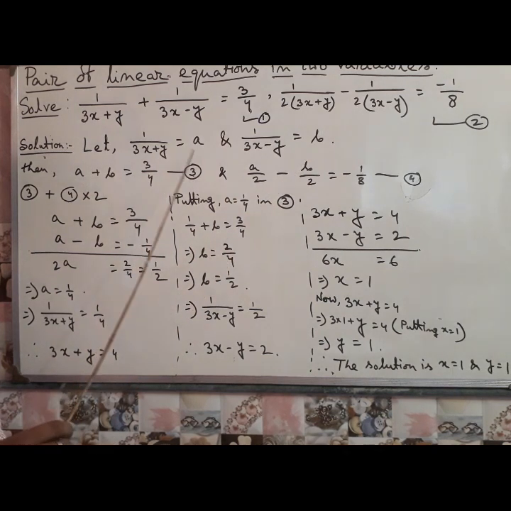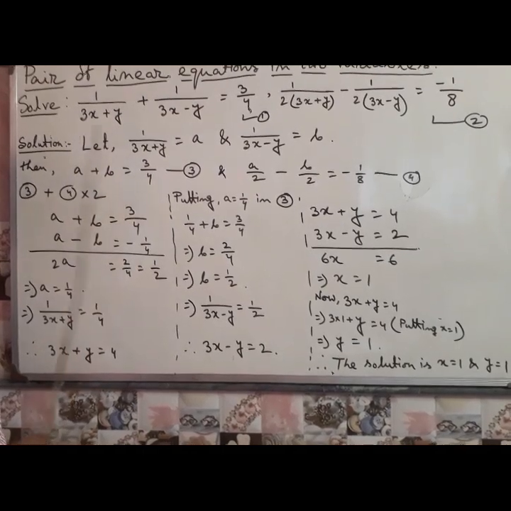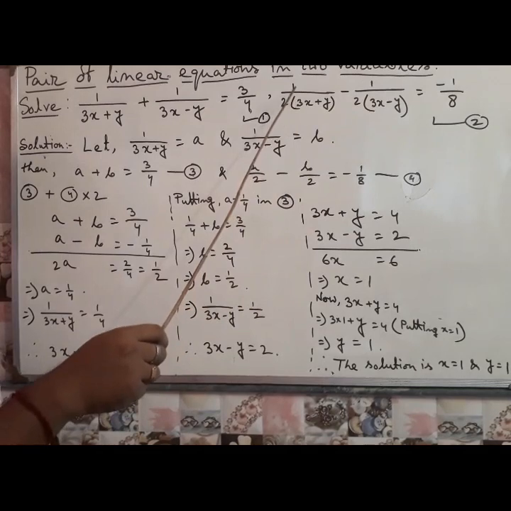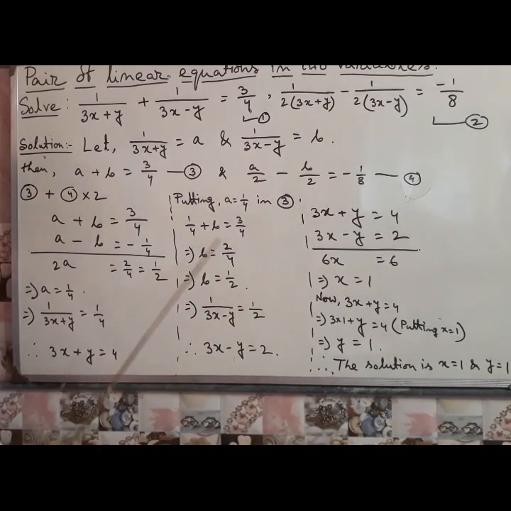If this term is a and this term is b, then what will be the first equation? The reformed first equation will be a plus b is equal to 3 by 4, and the reformed second equation will be half of a minus half of b is equal to minus 1 by 8.